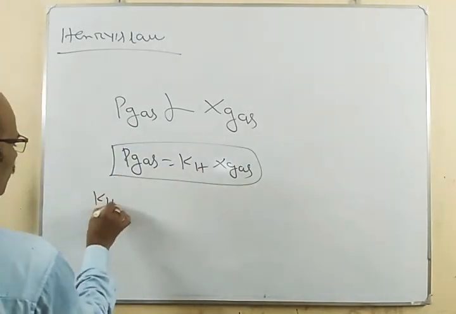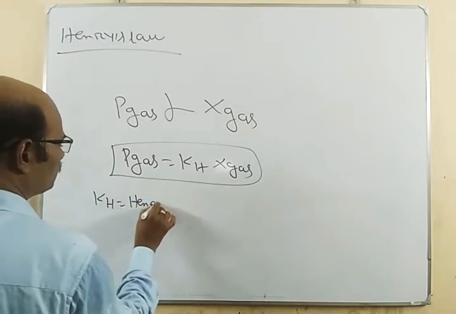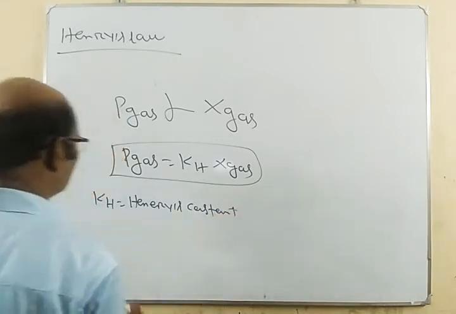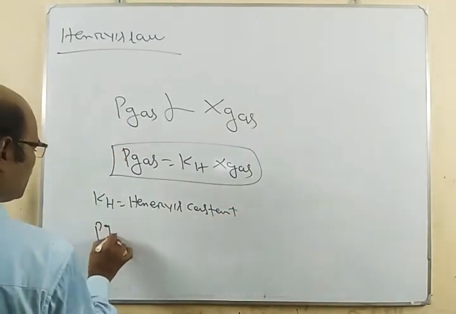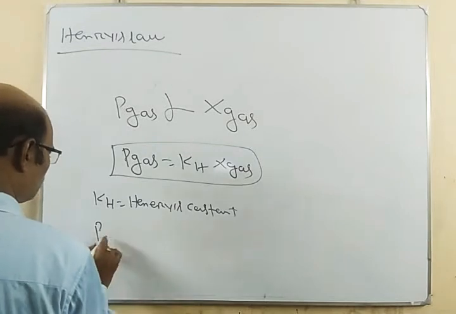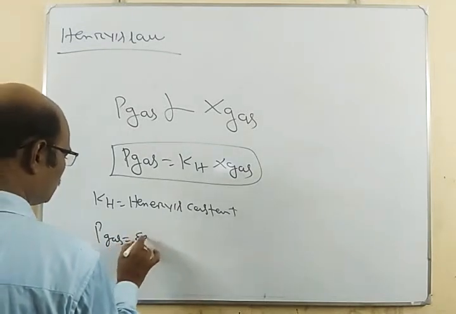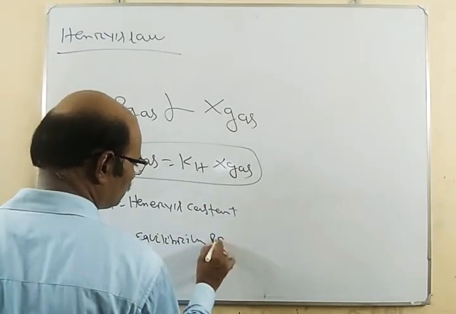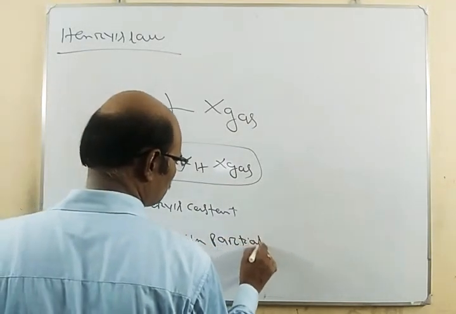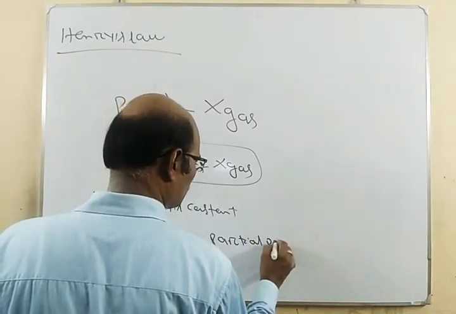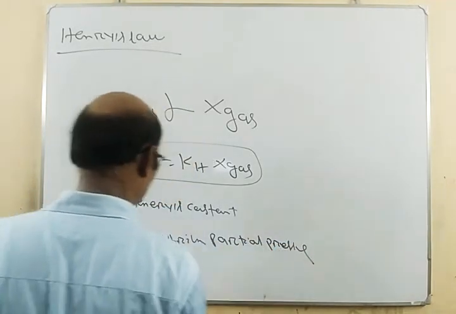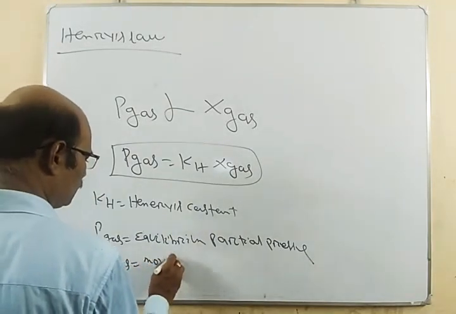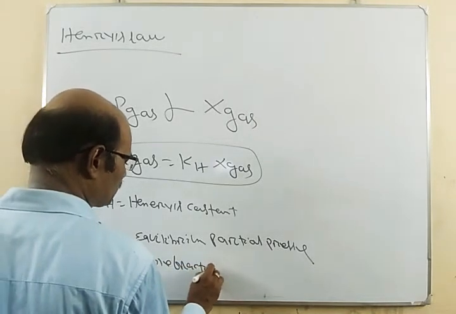So here KH is what? Henry's constant. P gas is what? Equilibrium partial pressure, and X gas is what? The mole fraction of the gas.